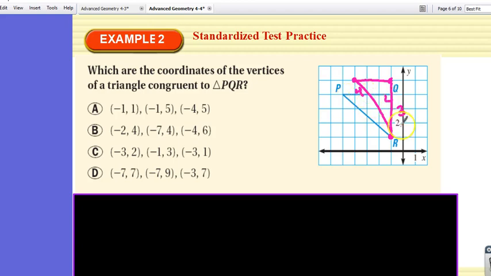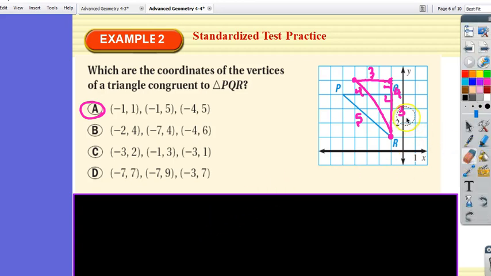And if it's a 3, 4, do you guys remember the special right triangle? A 3, 4, 5 triangle, right? Special right triangle. Anyway, so let's look at our new one. This one is 1, 2, 3, 4, and 1, 2, 3. This one's a 3, 4, 5. So that one is definitely congruent, right? We could look at the other ones.